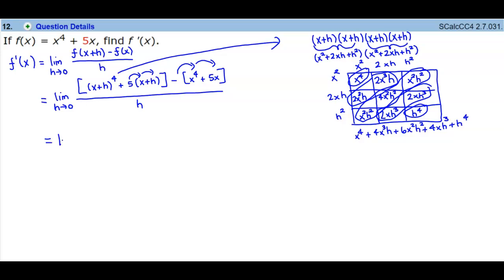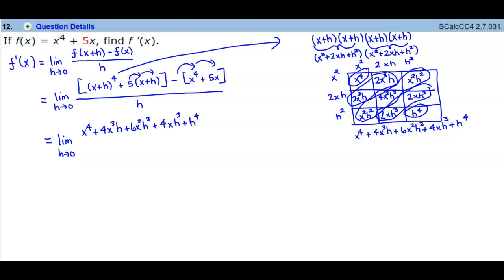So we have the limit as h approaches 0 of x to the fourth plus 4x cubed h plus 6x squared h squared plus 4xh cubed plus h to the fourth.